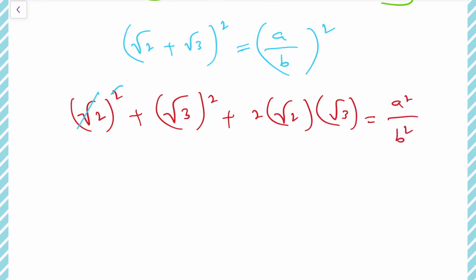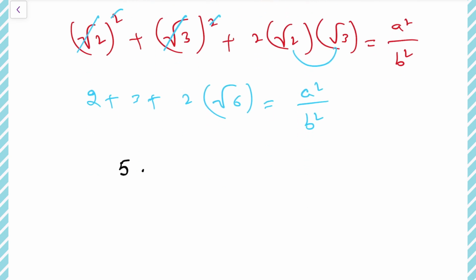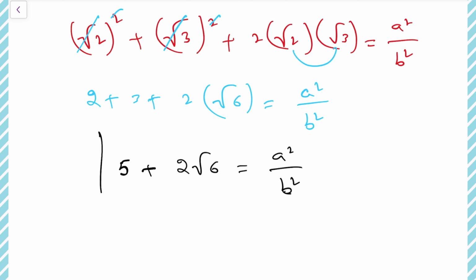Now here square and square root cancel, then we remain with 2 plus 3 plus 2 into root 2 into root 3, root 6, equals a square by b square. 2 plus 3 is 5, plus 2 root 6 equals a square by b square. Now if you observe this step clearly, this is exactly the same as the previous question. So we know how to solve from here onwards.